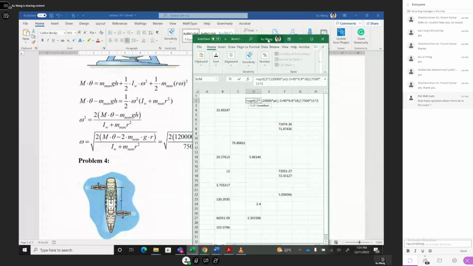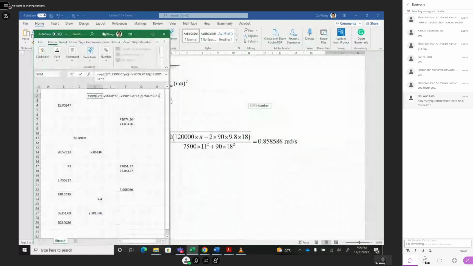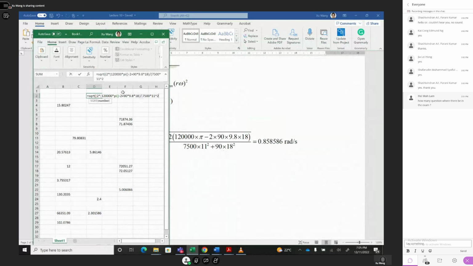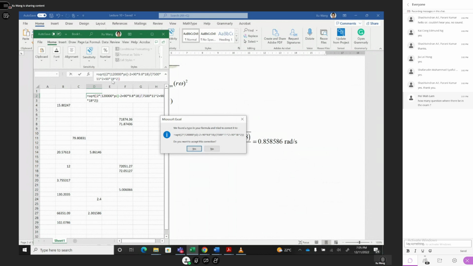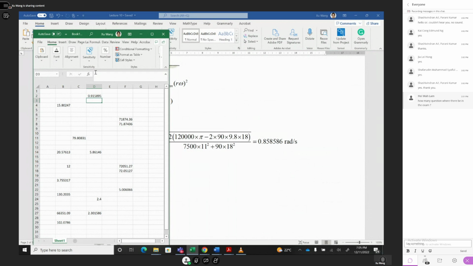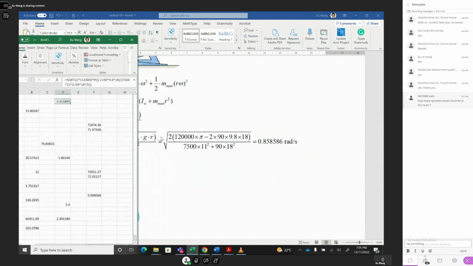So 11 squared, and plus 90 multiplied by 18. And then you close the denominator and close the square root, okay? And enter. So this is square root of 2 multiplied by pi.